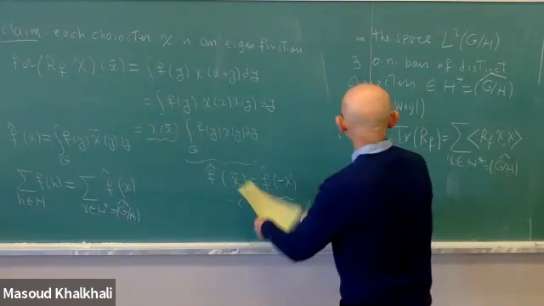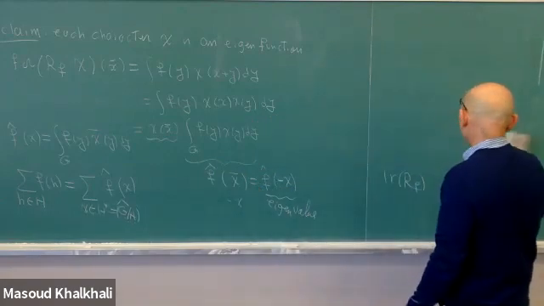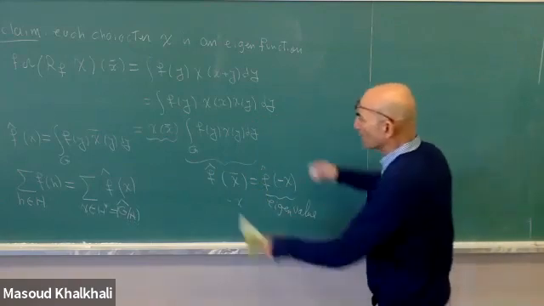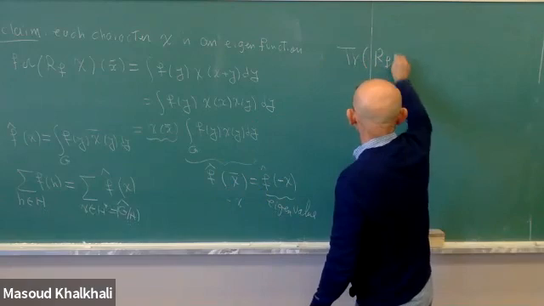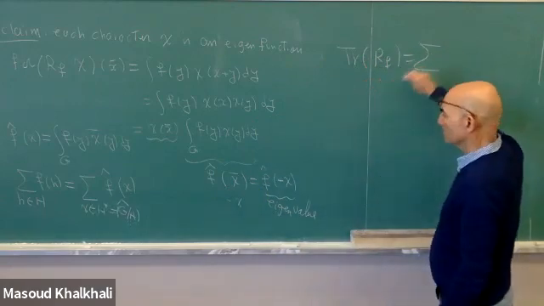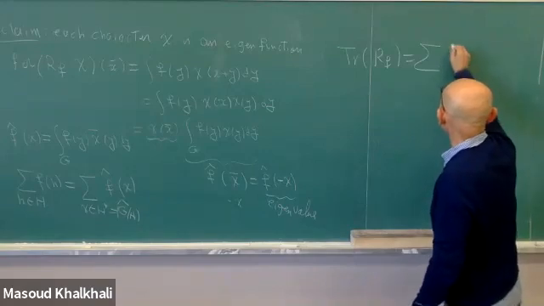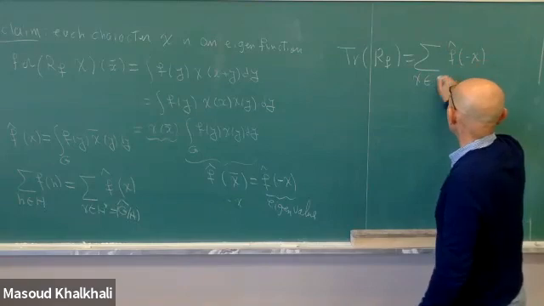So what this result shows, now we are done, because it shows that the trace of f is equal to the sum of these f hat over negative chi belonging to G mod H star hat.